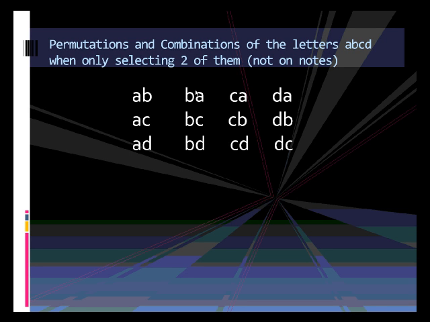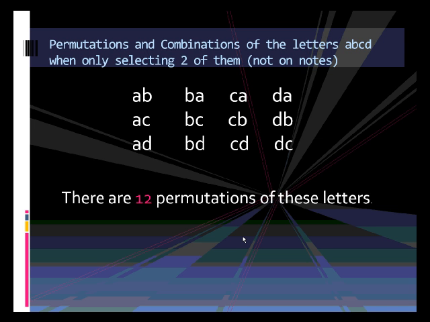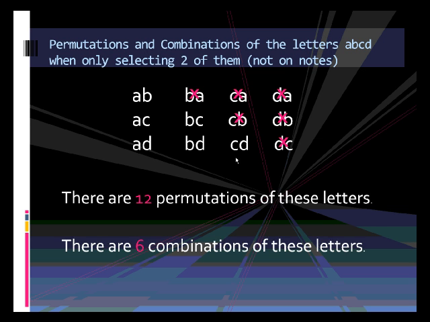So how many permutations do we have? 12. There are 12 things written up there. Do you think we have more or less combinations? Less. Okay? What am I going to have to cancel out in order to count all my combinations? Yeah, all the reversals or the repeats. So I have to count all of those out. So how many combinations do I have? 6. All right, any questions?